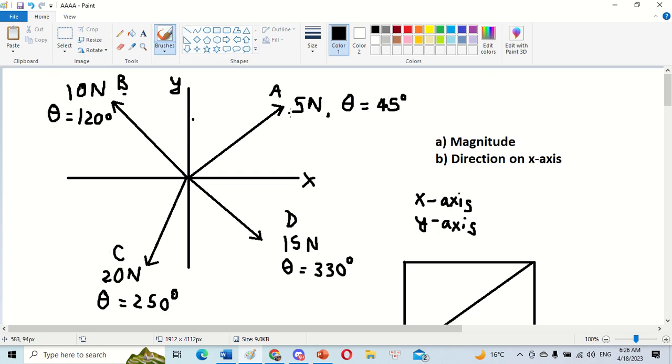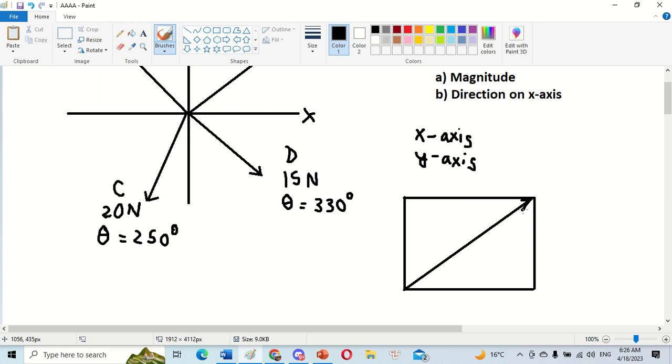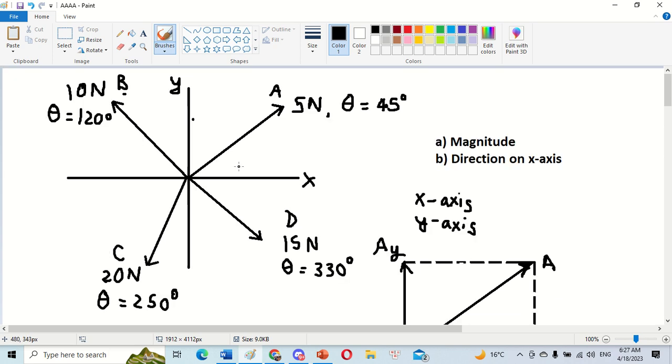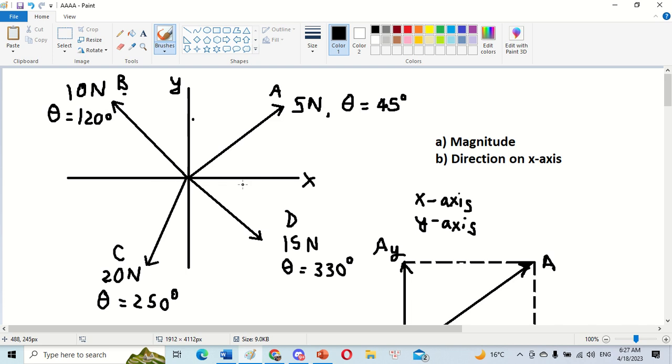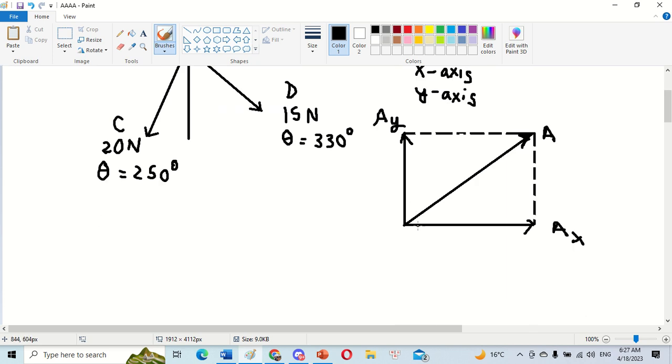Let's say this is vector A. We need to find two vectors here: vector AX and vector AY. Vector AX goes here. Once we find vector AX and vector AY, we can find the value of vector x and vector y when we separate them this way.